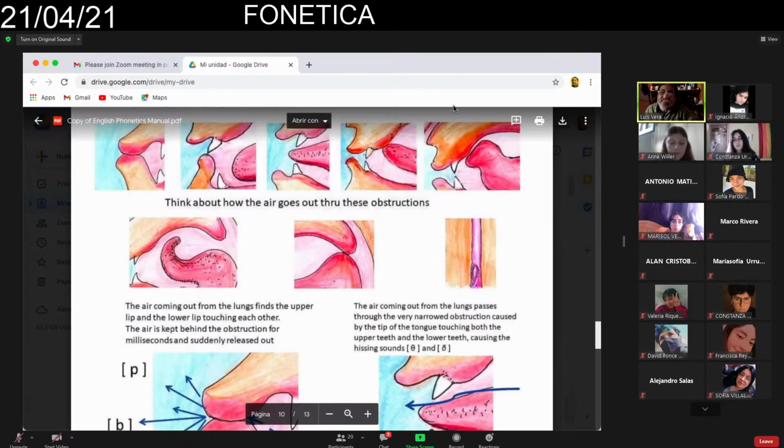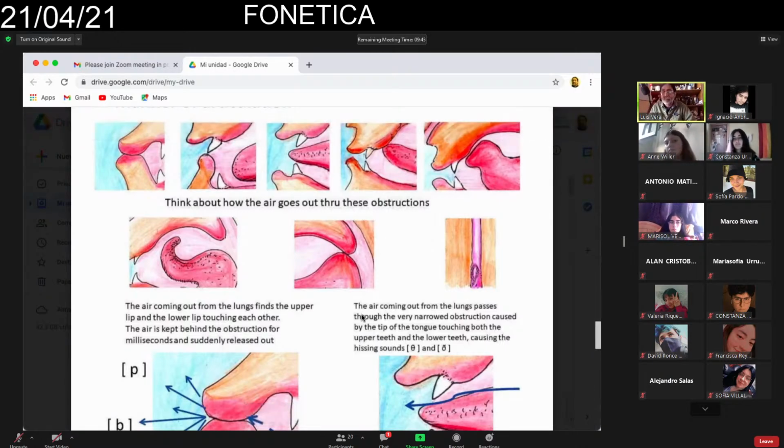What is the definition of an affricate? It's something very funny, but you won't believe it. It's simply the combination of a stop or plosive and a fricative.